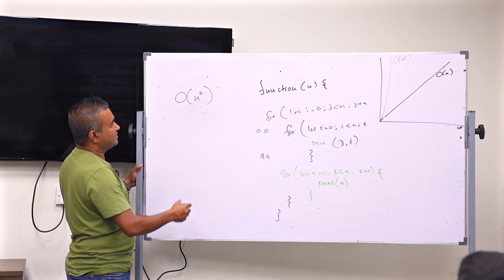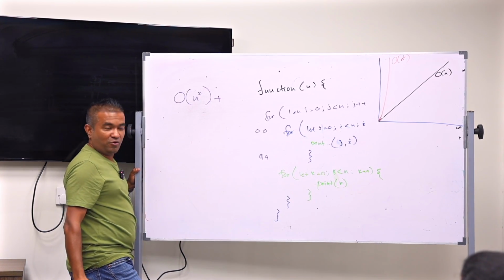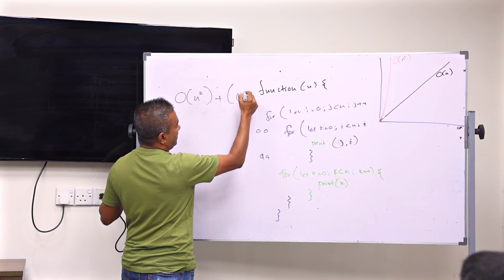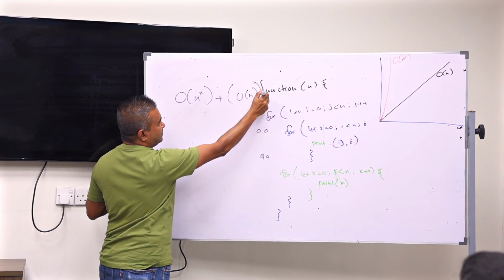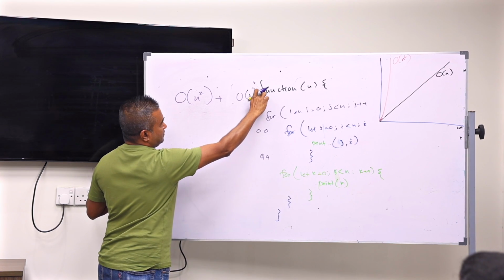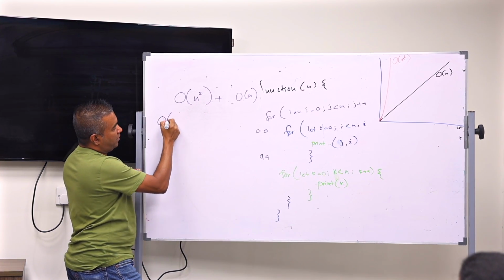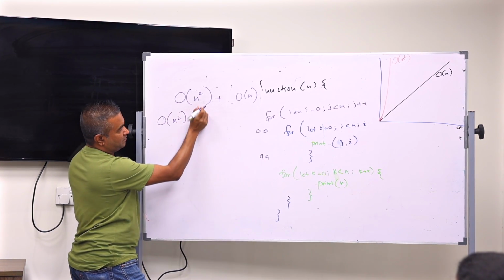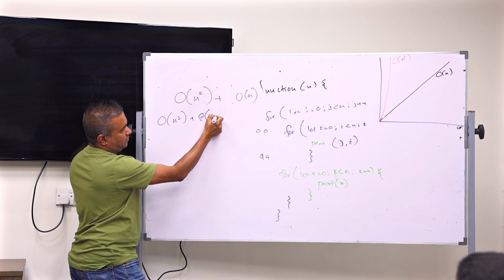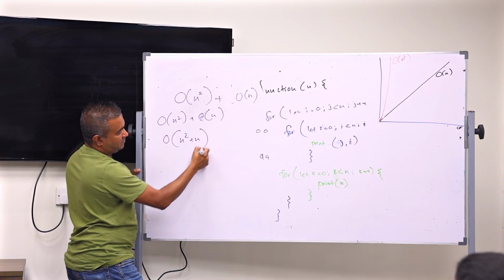So, that is what complexity? O n, right. That is O n, right. So, that means O n squared plus n.